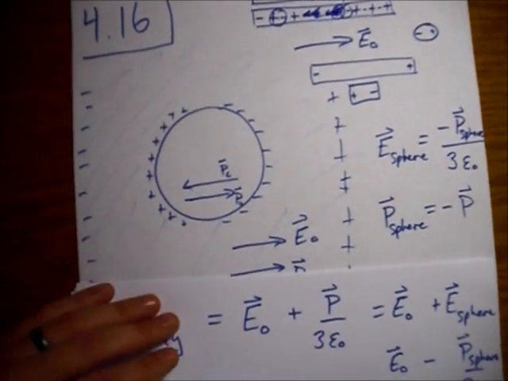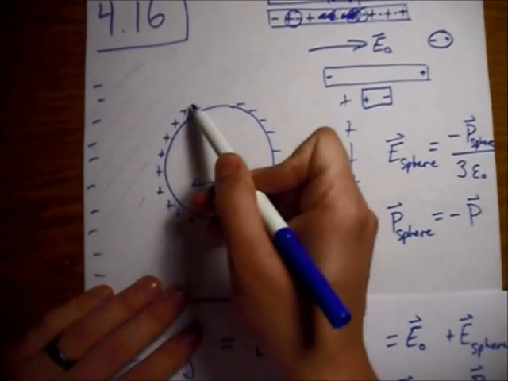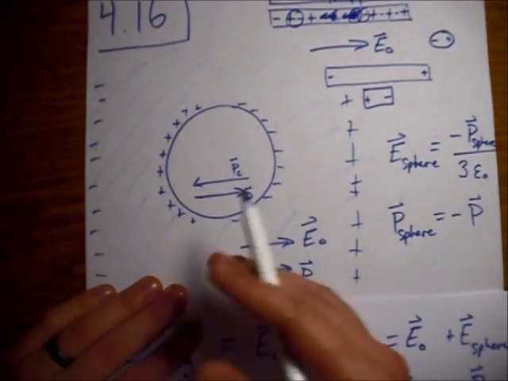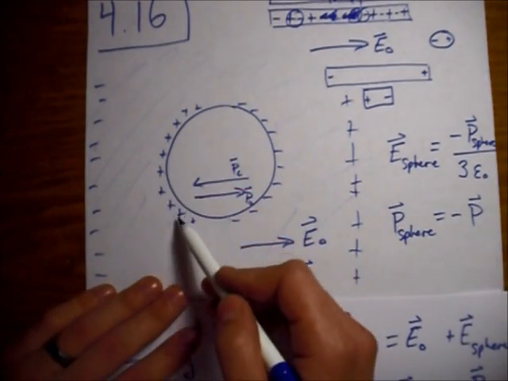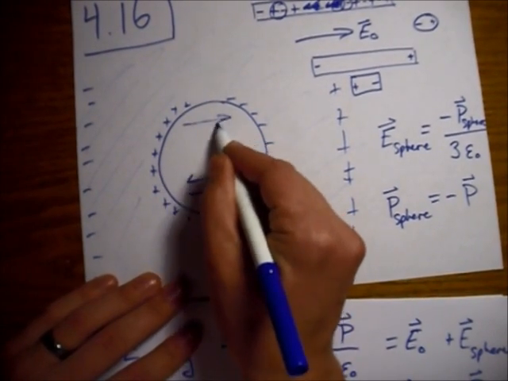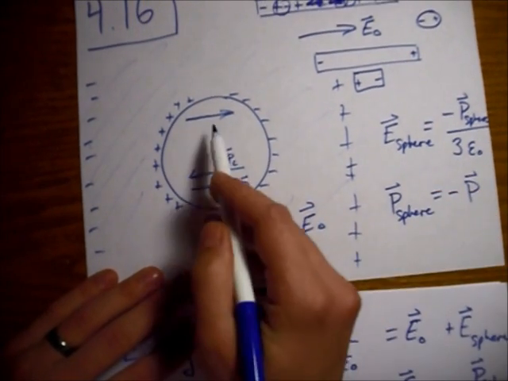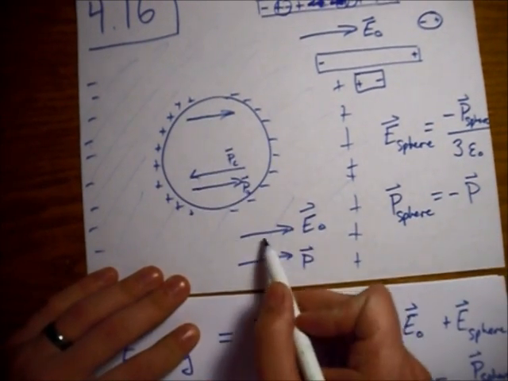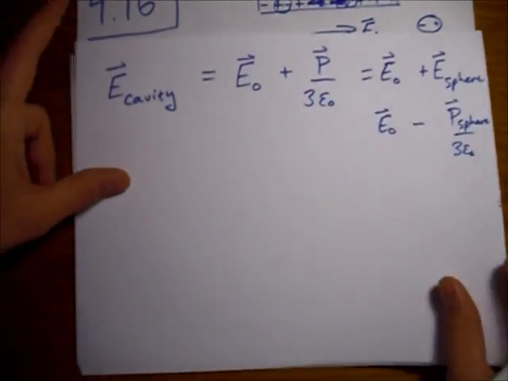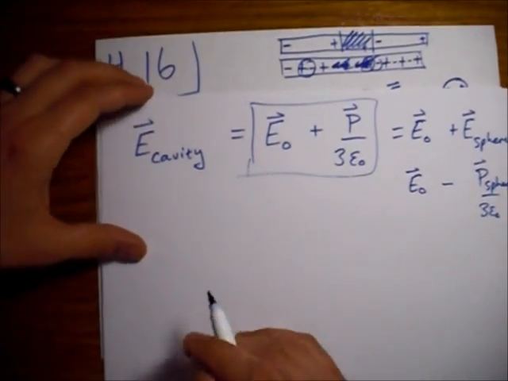And that does make sense because if you look at the new bound charges that show up right here on the edge in order to cancel out the polarization, these bound charges would cause a uniform field that goes from the positive charges to the negative charges, which is in the same direction as this E naught field that was there to begin with. So this formula right here does make sense.